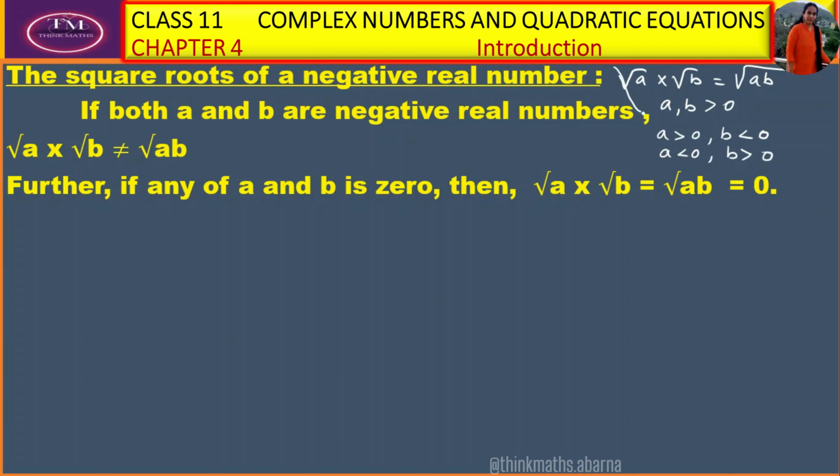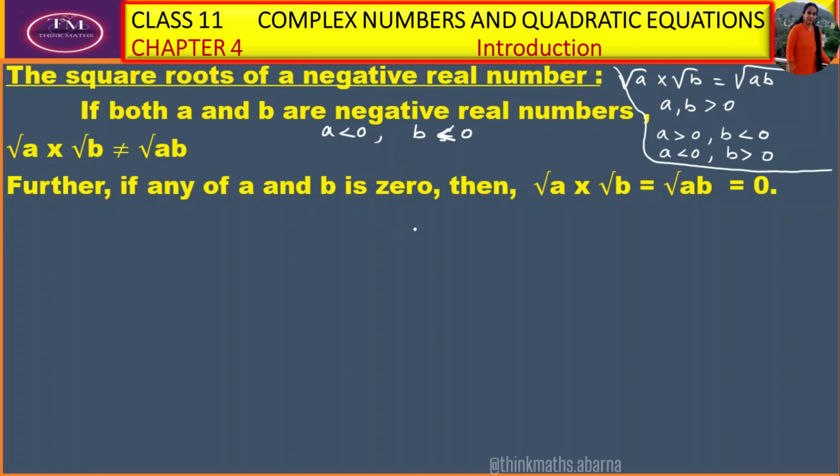Suppose both A and B are negative, that is A is less than 0 and B is also less than 0. Then this condition doesn't hold, so root A into root B will not be equal to root AB.